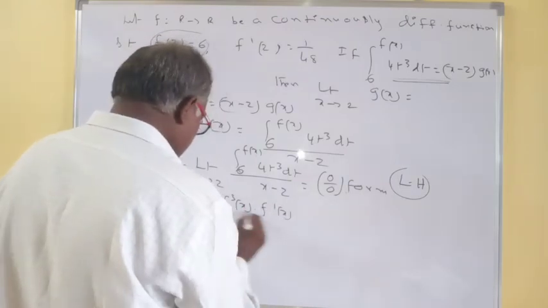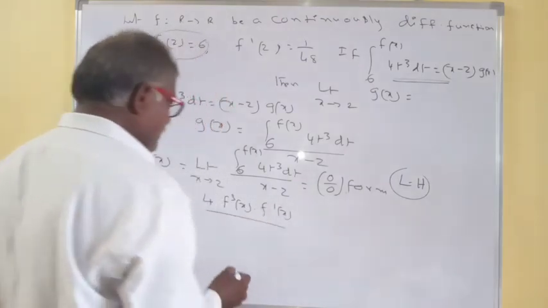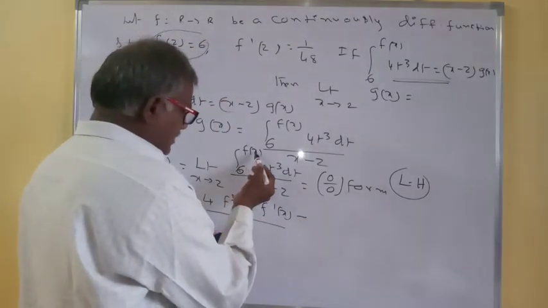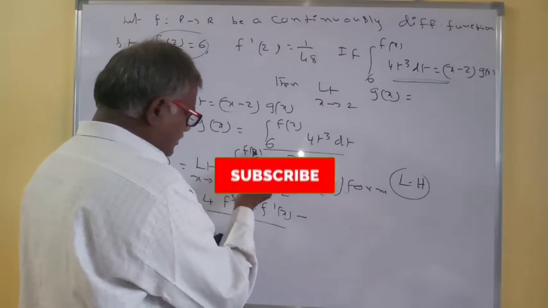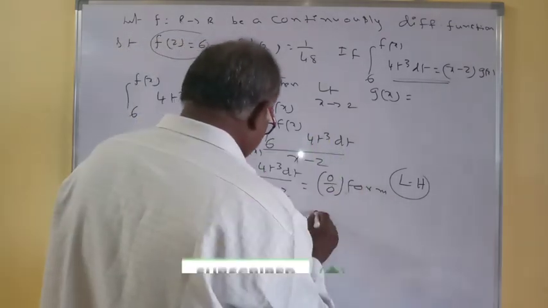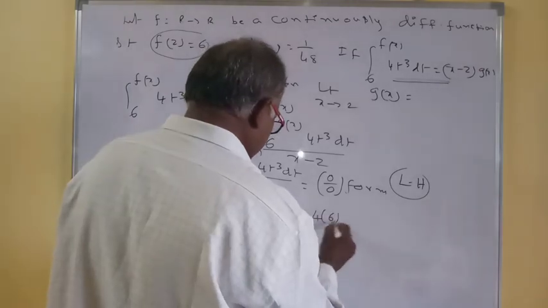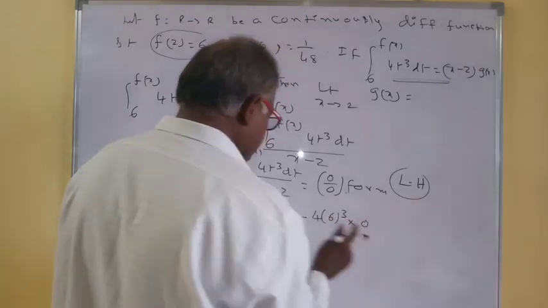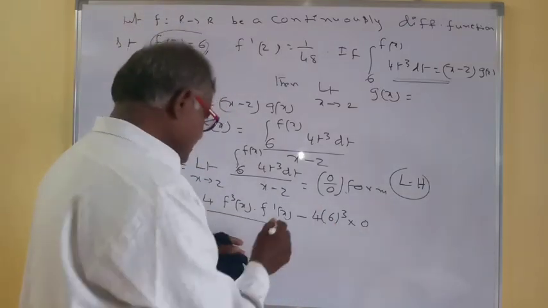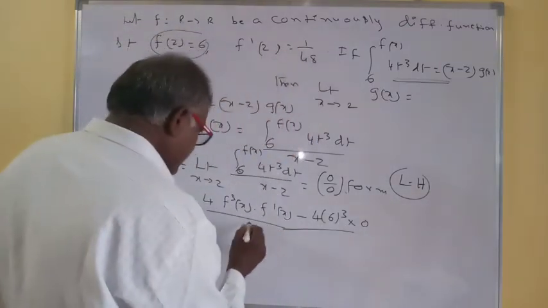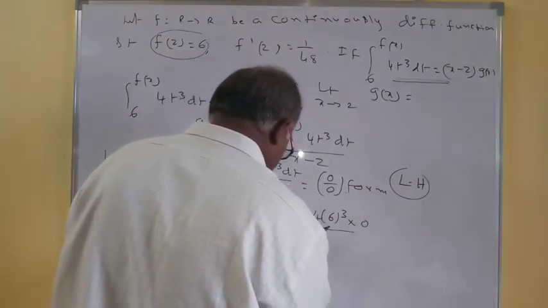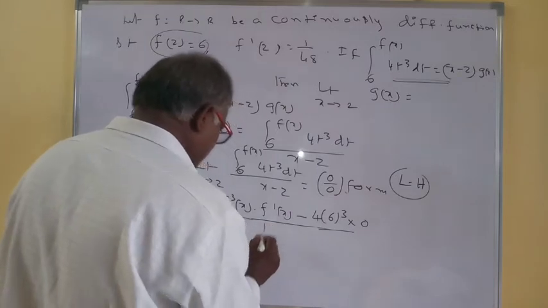Minus, again for the lower limit, we put t equal to 6: 4 into 6 cube into the derivative of 6, which is 0, since 6 is a constant. All divided by the derivative of the denominator.